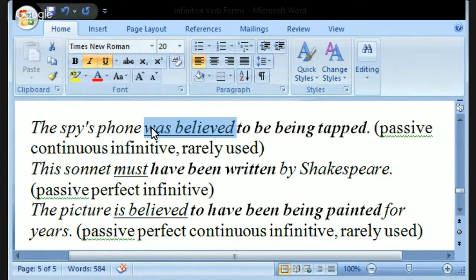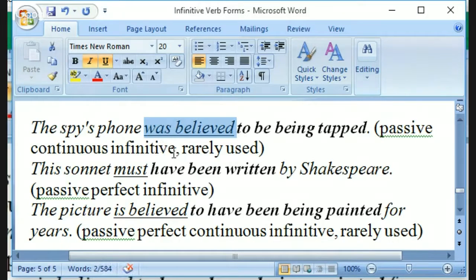Right. Okay. And then we have was believed and was being tapped. Well, okay. All right. Which I guess is still passive continuous infinitive. Was being tapped. To be being tapped.